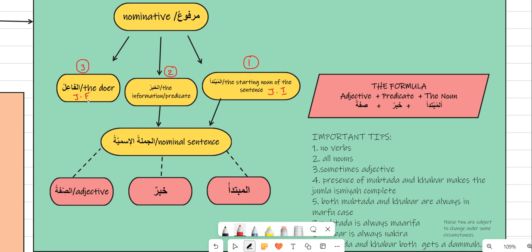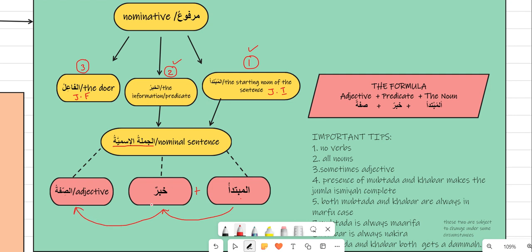So now we will only concentrate on jumla ismiyah, which has two parts, that is mubtada and khabar. In jumla ismiyah, you start with the mubtada, and then immediately after mubtada comes the khabar, and after khabar a sifa is optional. It may come, it may not come.